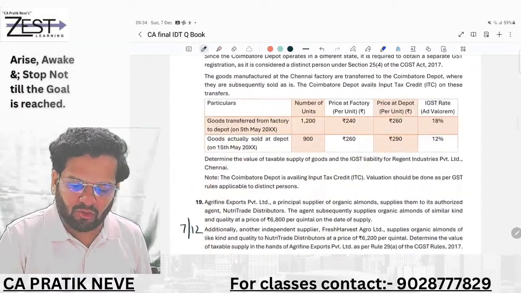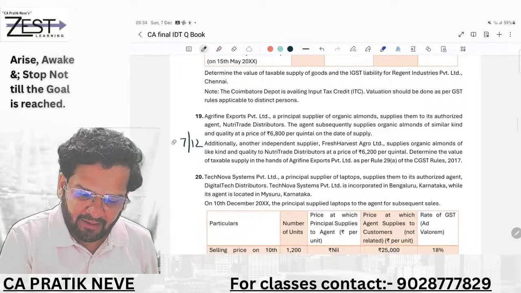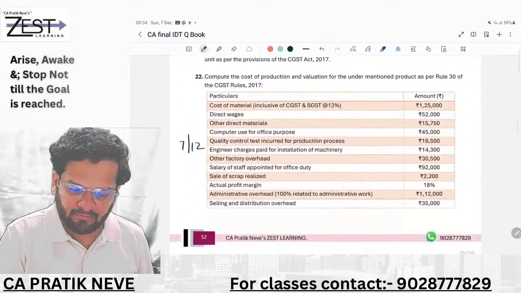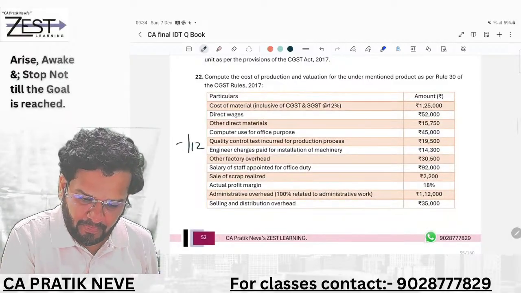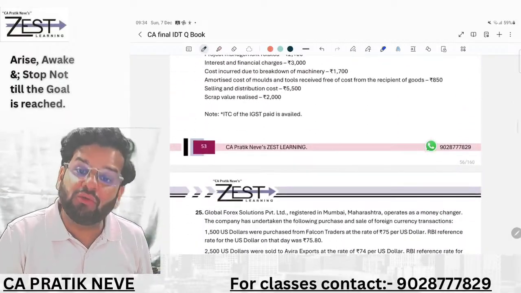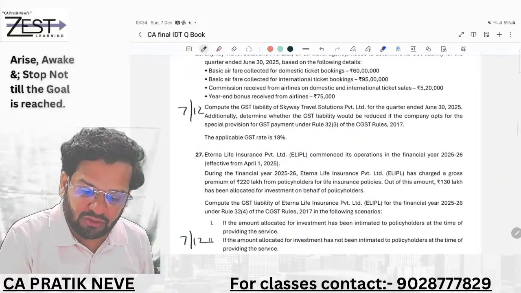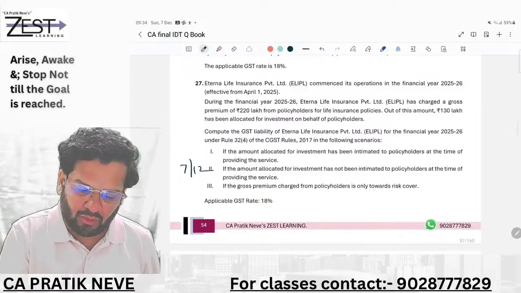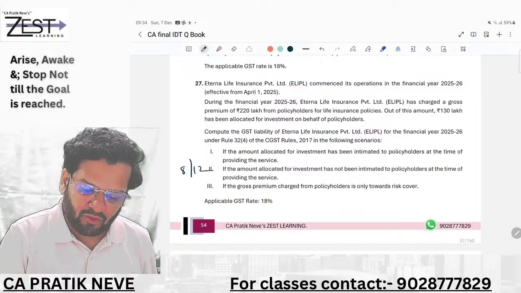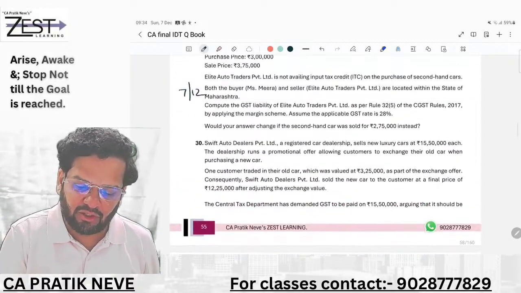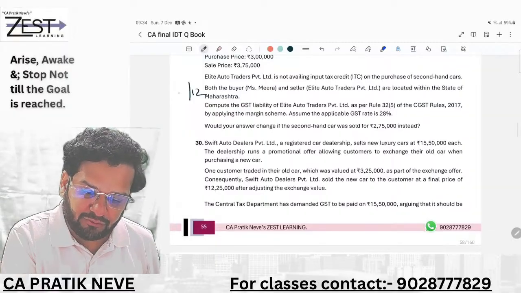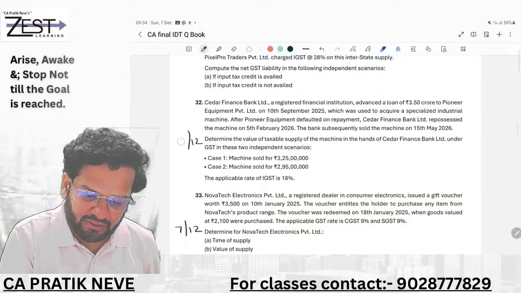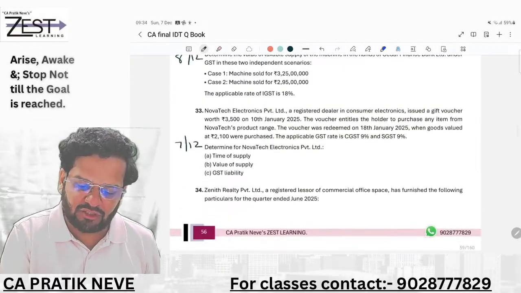And tomorrow we will do value of supply, and tell me what else we will do tomorrow. So lot of rules, question based on rules we will do tomorrow. That is of 27 to 35. Of course, value of supply I'm talking about. But apart from that, we will also start with ITC tomorrow. So please don't miss tomorrow's session.